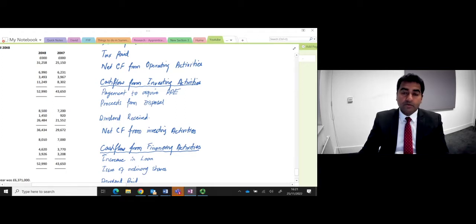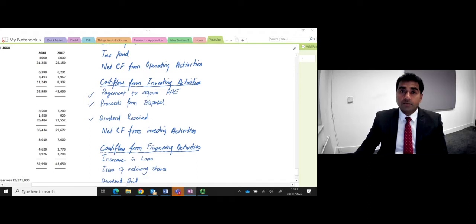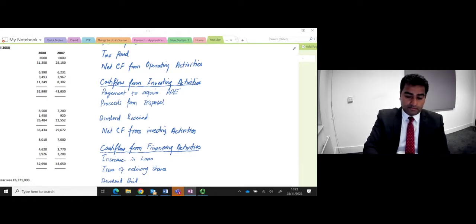Now, without reading the question, you will not know what subheadings you need to have, so in the format I would suggest to leave a blank space so that when you read the question and you come across any subheadings, just add the subheading and record the amount. But if you look at the format of the cash flow, there are a few subheadings which you can memorize and you can write them down. So these are 3 of them.